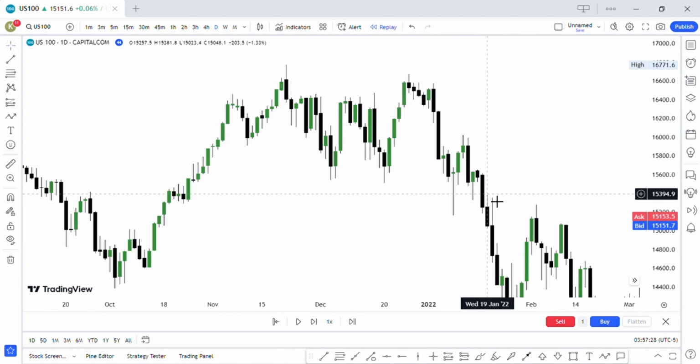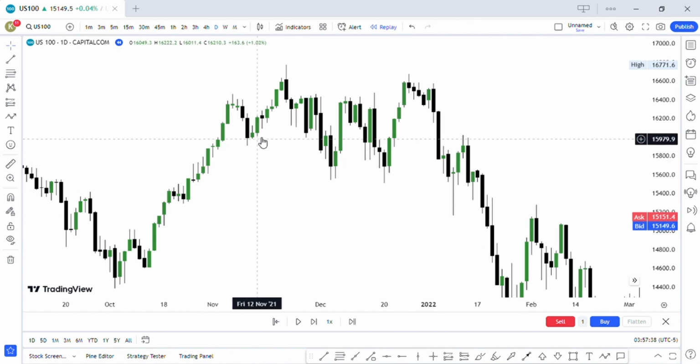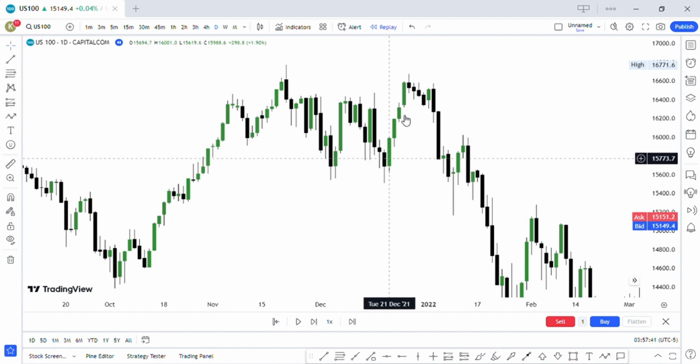In order to not make this video as lengthy as it could be, I'm only going to use two pre-selected examples. This price here is 1, 2, 3, 4, 5. We have 5 candles: Monday, Tuesday, Wednesday, Thursday. It doesn't matter whether this was a Monday, I'm just giving an example. We have the Monday candle closing above the high.